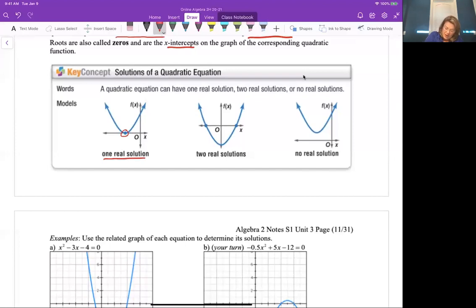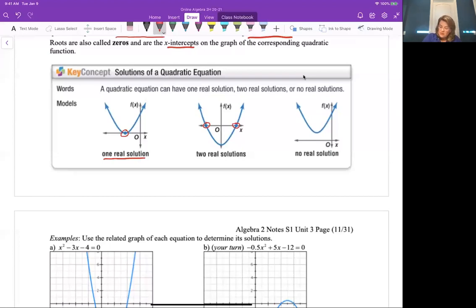And then I have the option to have two real solutions. Since this is a parabola, that is a shape of a quadratic function, I can have it cross the x-axis twice. Now I have two values of x such that my output is 0, or two x-intercepts. Remember, those are called roots or zeros.